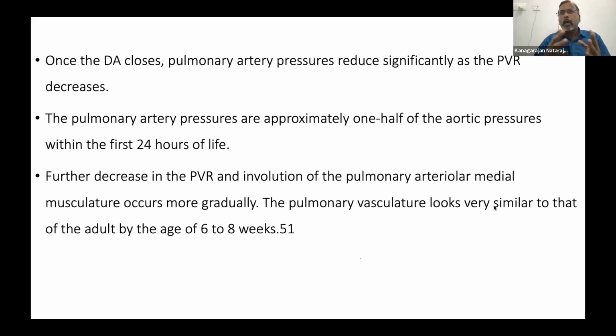That is a slightly higher PVR, which reaches the adult level almost around 6 to 8 weeks. So it takes around 2 months. If any pathophysiology persists, this neonatal PAH may prolong more than 2 months, and the ductus arteriosus may remain open.